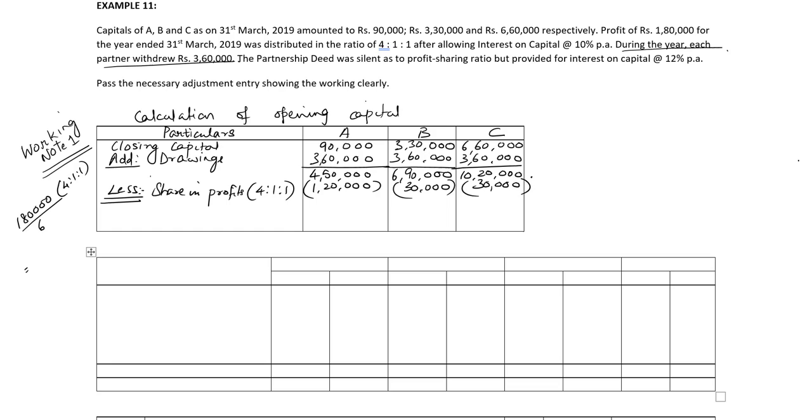We cannot get the amount of interest on capital without the opening capital, because we need to apply the 10% rate on the opening capital, and also to get the opening capital we should have the interest on capital of 10%. So we'll stop the calculation with this and say that the answer for what we get here is opening capital plus 10% on the opening capital.